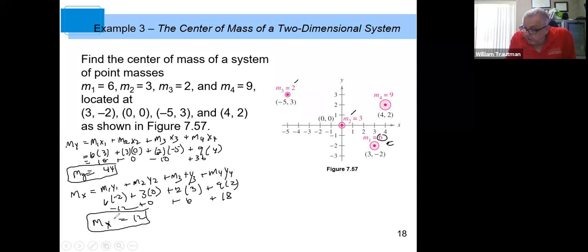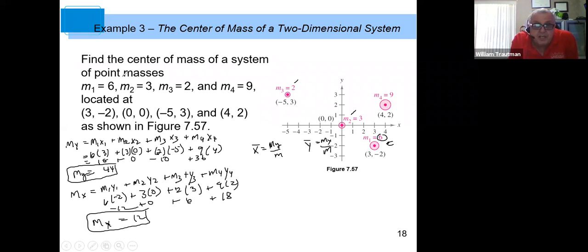And we are looking for the center of mass. Yes, find the center of mass. For the x-axis, you get My over m, and for the y-axis it is Mx over m.